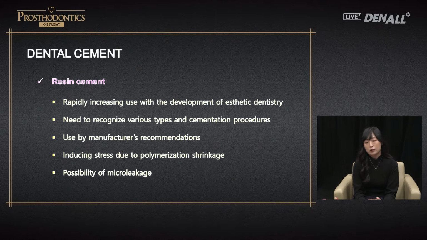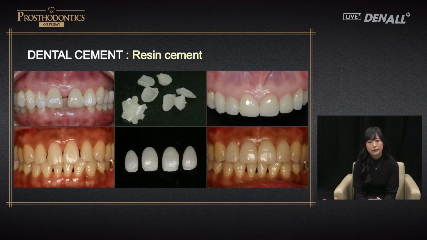In the case of resin cement, due to extraordinary development in aesthetic dentistry, it is being used more frequently. For effective cementation of ceramic restoration in which aesthetics is emphasized, the cement's mechanical strength and aestheticity is very important in clinical success.